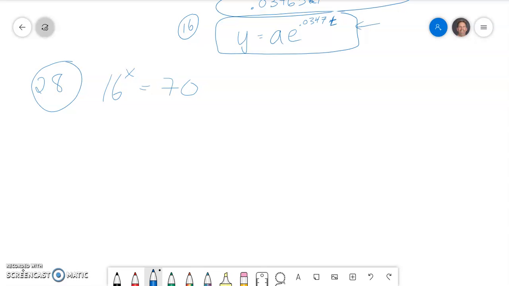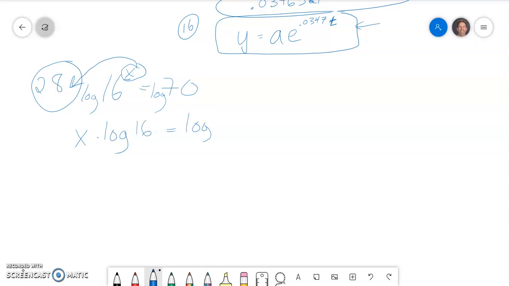Now, whenever you're trying to solve for an exponent, you either log or ln both sides. So on this one, I'm just going to put a log on both sides. Once that log's in there, I can use the log properties. One of the log properties says if you have an exponent, you can throw it out in front. That was one of your log properties from the first few sections of this chapter.